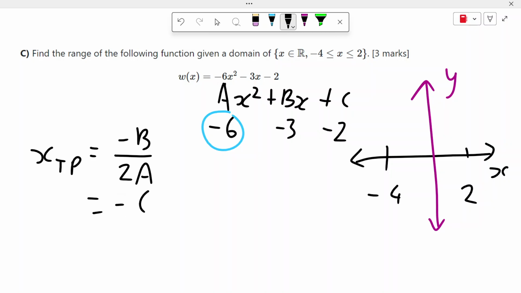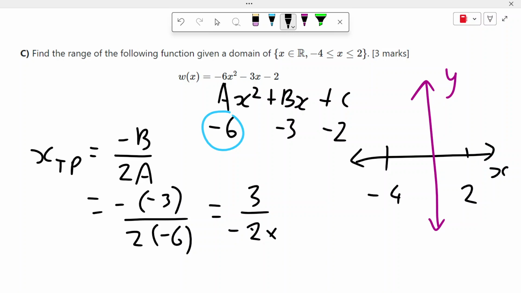So, apologies, b is actually meant to be -3. And 2a is 2 times -6. So we can say that's 3 divided by 2 times 6. And that 6 we can draw as a 3 times a 2.